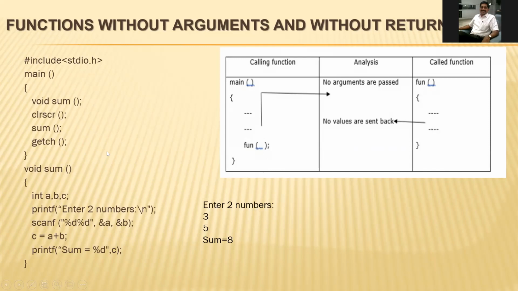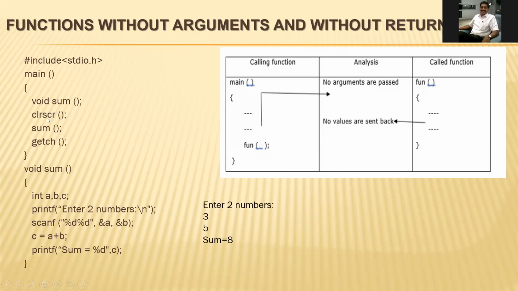Just we have given one example here that includes stdio.h. The main function is written here. The main function is started here and ended here with the braces, and this main function calls the sum function.